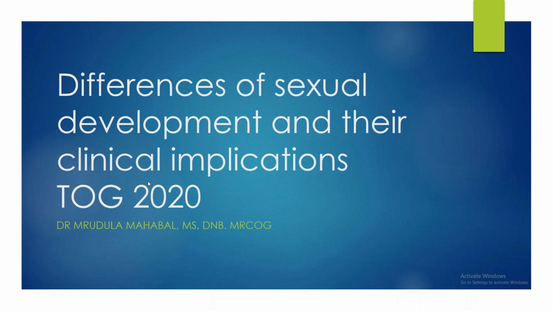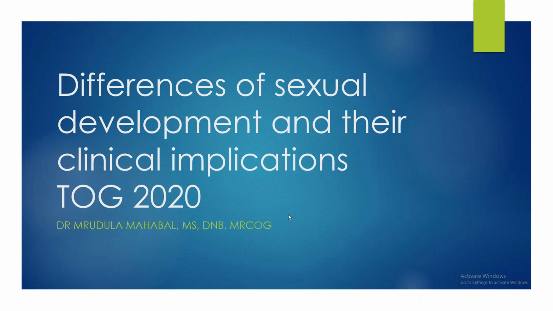This is a recent talk, that is differences in sexual development and their clinical implications. I think this is actually the best talk, because till now we never had any proper source to study what investigations should be done for congenital adrenal hyperplasia and all these disorders of sex development.